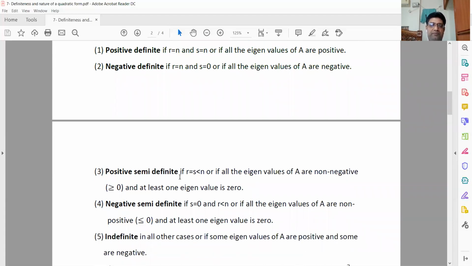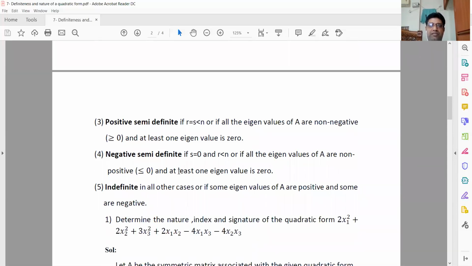Positive semi-definite: if r equals s less than n, or if all the eigenvalues of A are non-negative, that means they are greater than or equal to 0 and at least one eigenvalue is 0, then we say that it is positive semi-definite. If you want to calculate through formula, you can use this one. Otherwise, by seeing the eigenvalues, you can write the nature of the quadratic form.